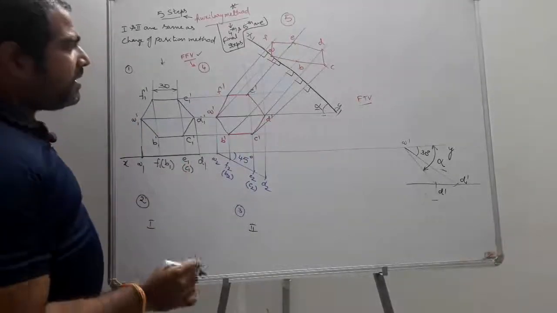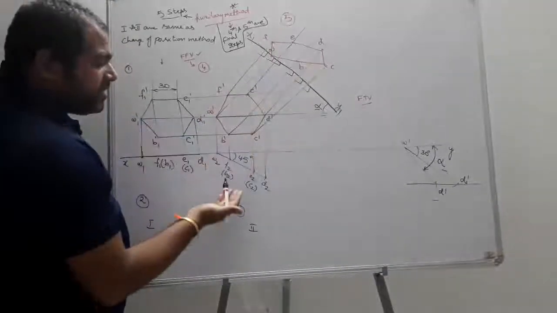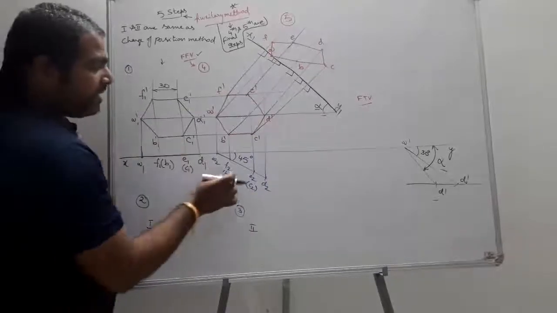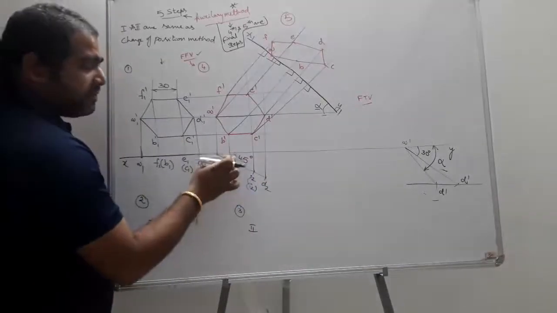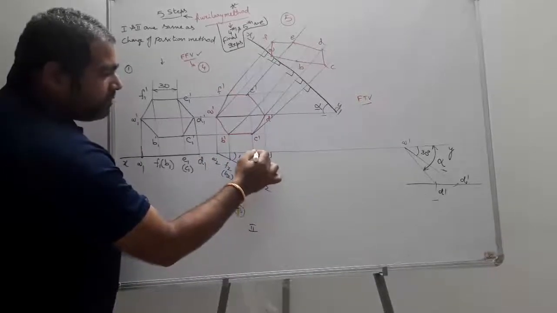My requirement is the top view. The reference top view is here. Now take this as the old reference line xy, and these are the points. These are also going to be perpendicular to each other.